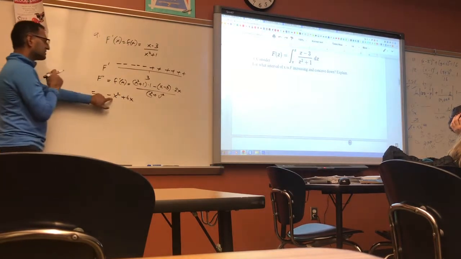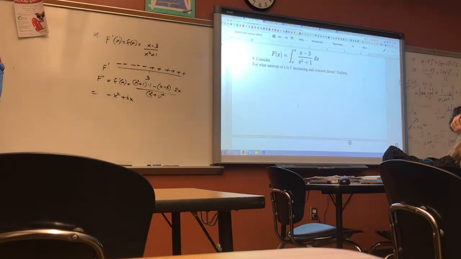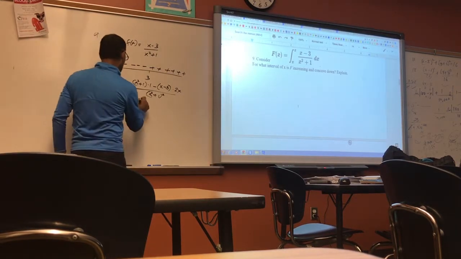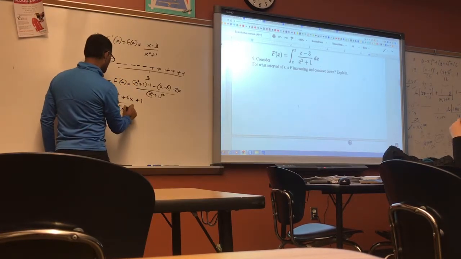Okay, did I do this right? This is my numerator. Is my numerator correct? Plus 1? Oh, yeah, plus 1. Okay, plus 1, over, thank you, x squared plus 1 whole square.